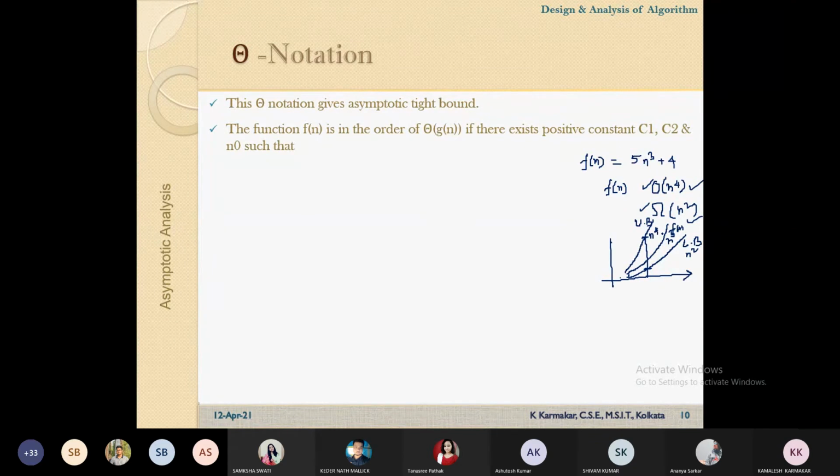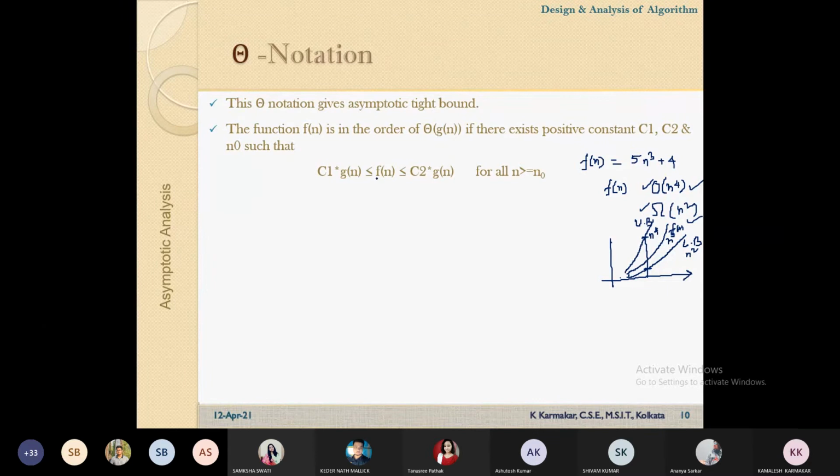So this is the importance of the asymptotic tight bound. We have to find one function g(n) in such a way that the upper bound and lower bound are very close.